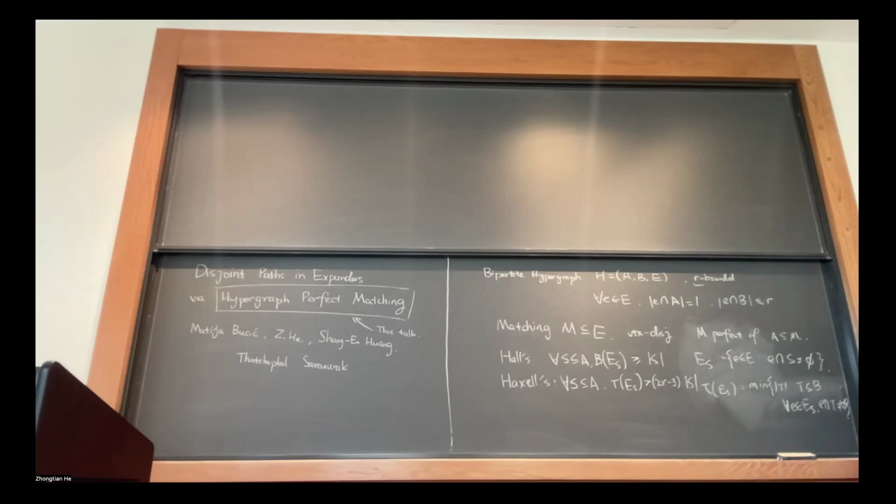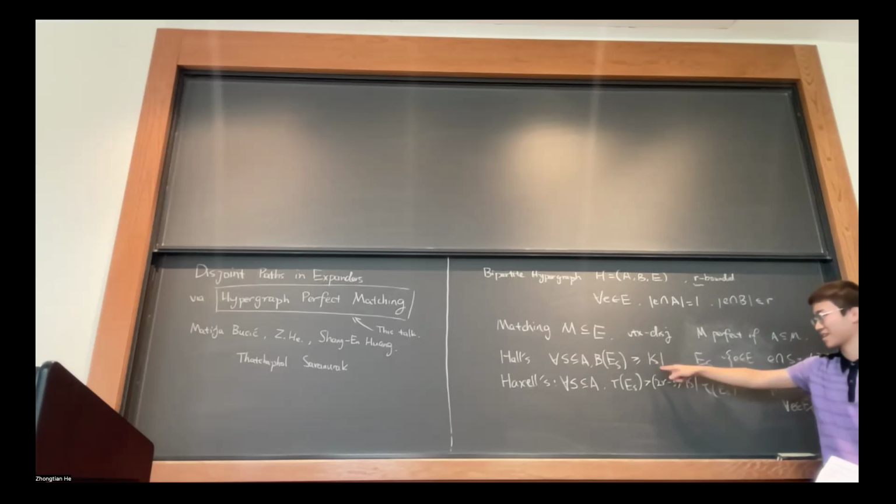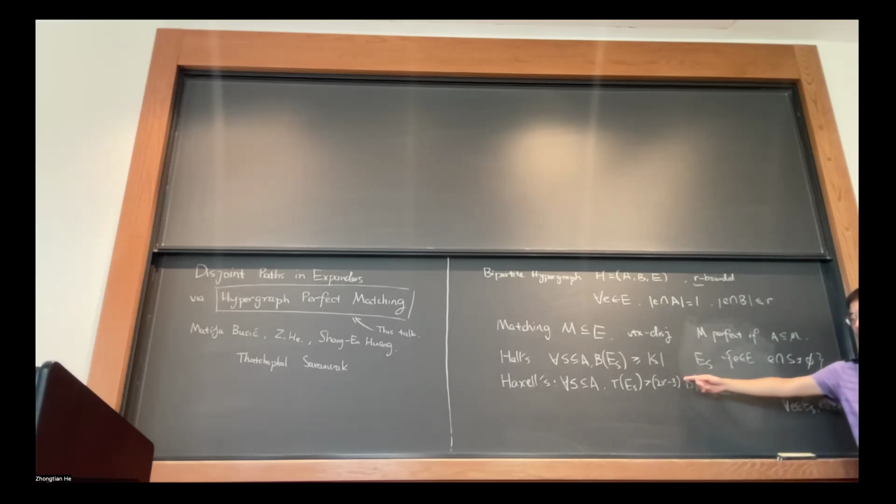So this is crucial. And what did you say tau of E_S is? Tau of E_S is the minimum cardinality of a subset of vertices from B on the right-hand side that hits every edge in E_S. Okay. So in Hall's condition, it degenerates to the size of the neighborhood. Yeah, so you pick r equals 1.